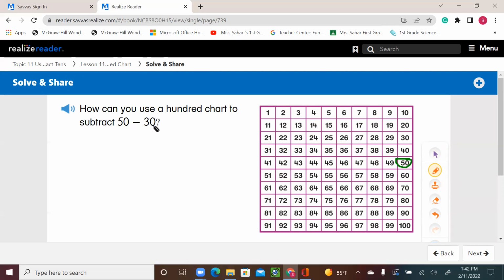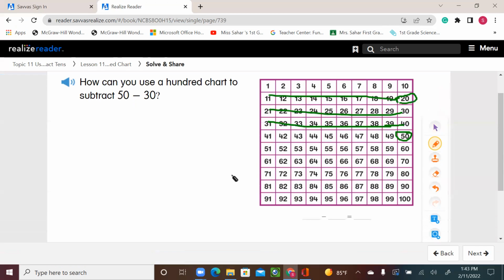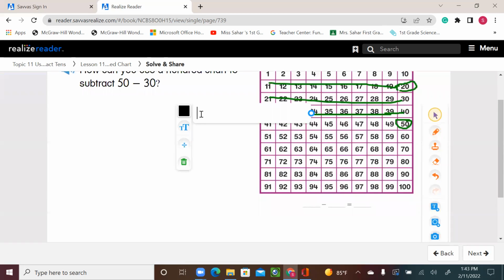I know 30 means 3 tens. 3 tens means 3 rows. So 1 row, 2 rows, and the 3rd row. I know when I subtract, I go up. So I'm moving up 3 rows. That's 1, 2, 3. Landed on 20. So 50 take away 30 equals 20. Let's write this down. 50 minus 30 equals 20.